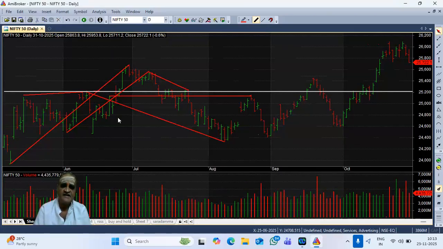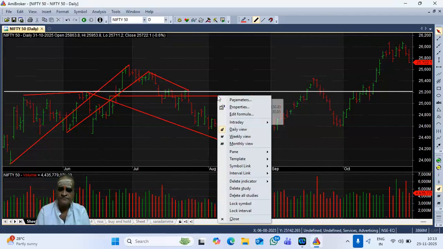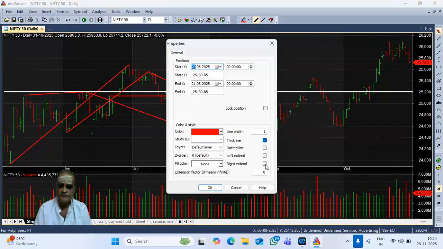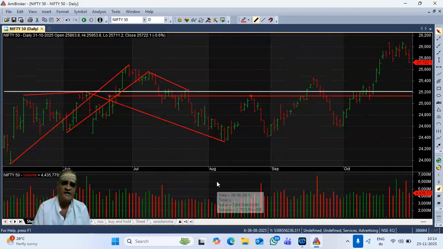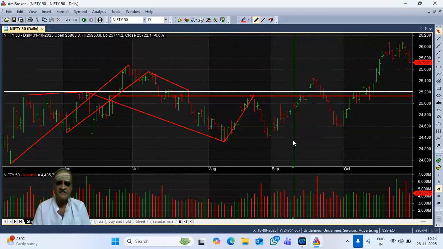Again, this line intersected here. This line did not intersect, and when I extend this line, it went up, and I will draw one line here like this.